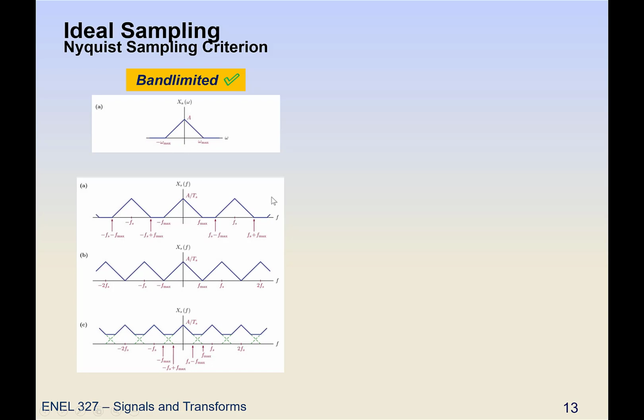So let's think about if we sample high enough, the spectral copies are separated far enough apart. If we start to reduce the sampling rate, then at some point those spectral copies actually touch each other, and then below that they're actually interfering with each other.